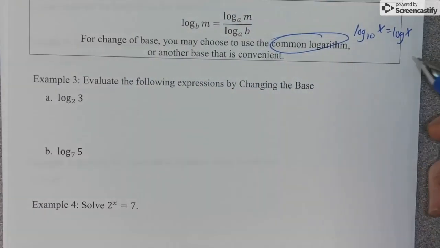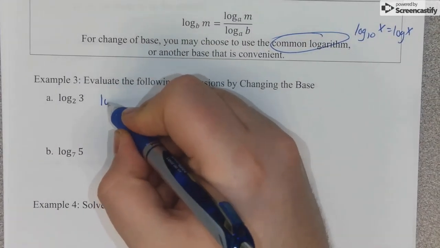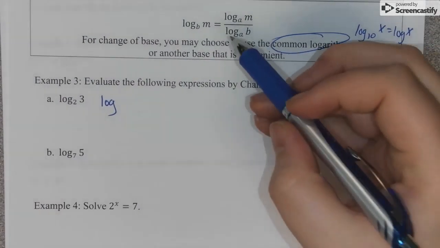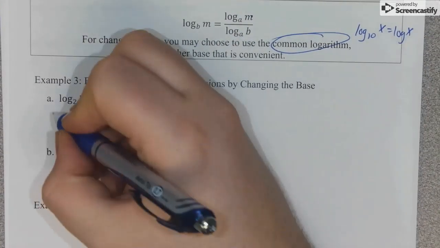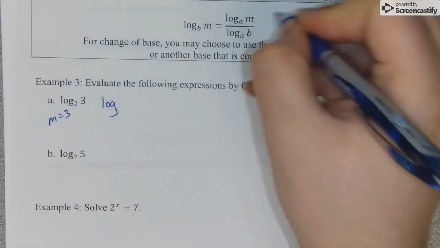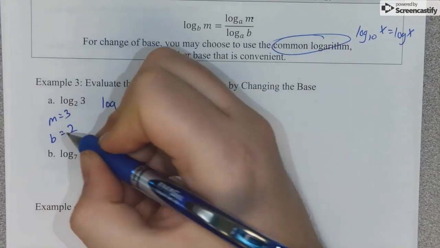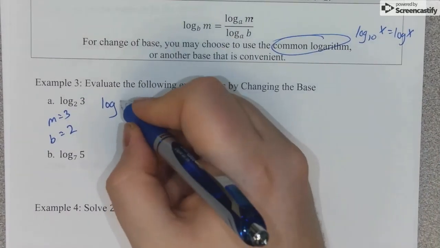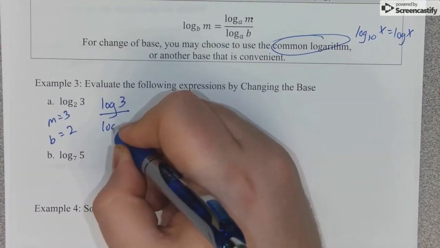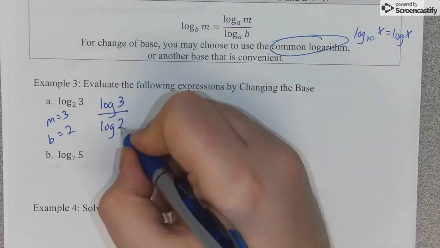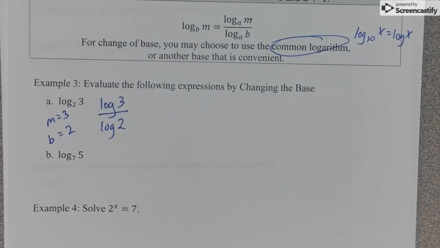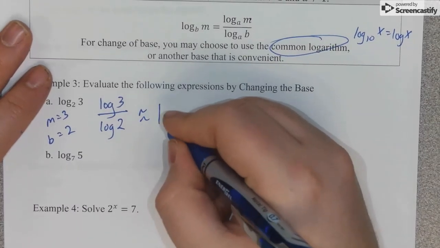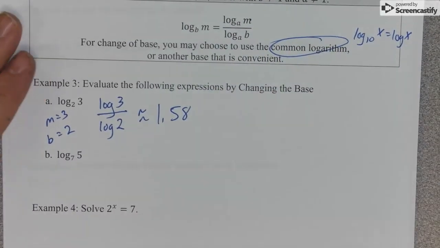If I want to use the common logarithm, this would be log, so I'm using a base 10 here. And m is 3, and b is 2. So log m divided by log b. And that's as simple as those are. And then you plug them into your calculator, and this one you get about 1.58.